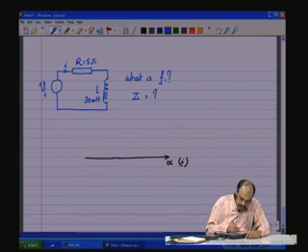So, which means you have I along this. So, the current lags the voltage.